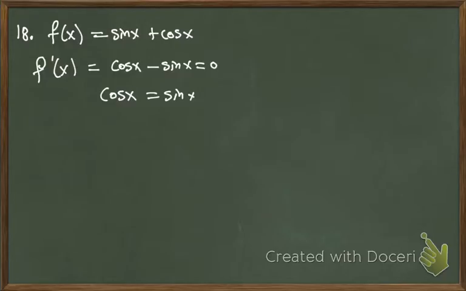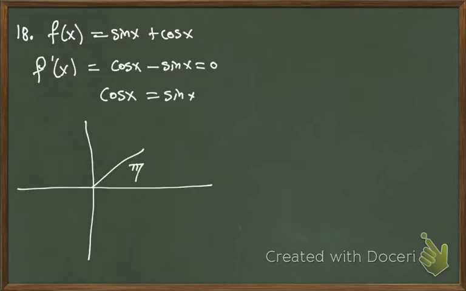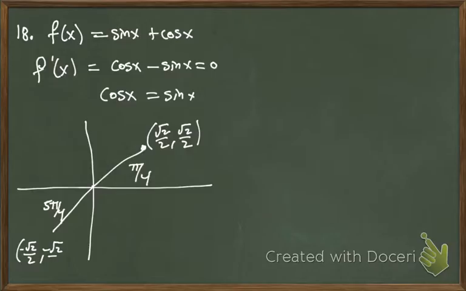Well, if you get out your unit circles, that's going to happen at pi over 4. Okay, and the x and y coordinates are root 2 over 2 and root 2 over 2. And it's also going to happen at 5 pi over 4, where the cosine is negative root 2 over 2 and the sine is negative root 2 over 2.